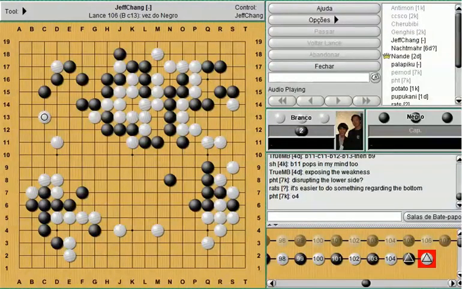I have a question to those who suggested B11. How about white just simply answers C12?